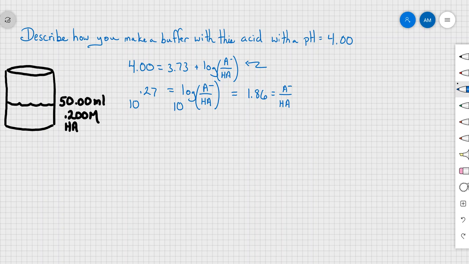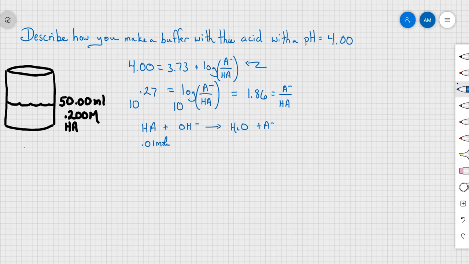What I'm going to do is work in moles. I'm going to start off with HA plus OH minus yields H2O plus A minus. I'm going to say I have 0.01 moles of this stuff. Well, how did I get that?